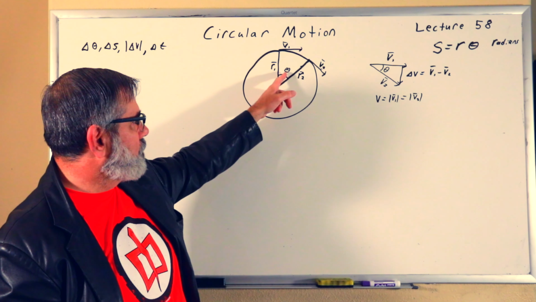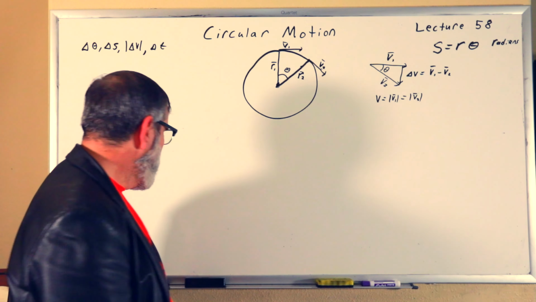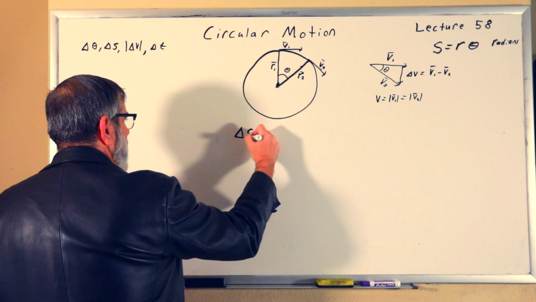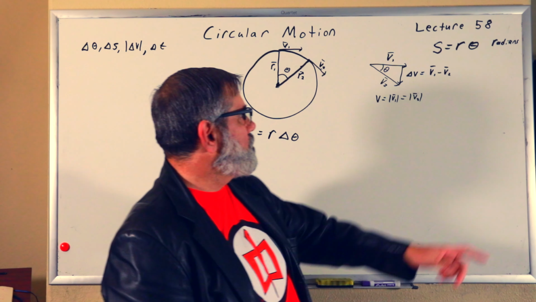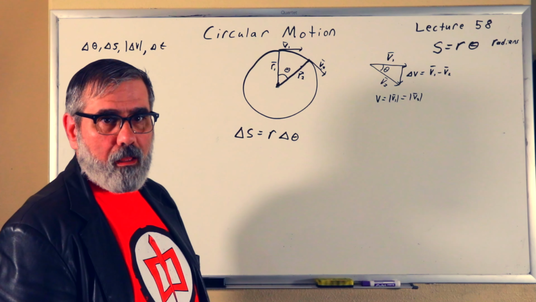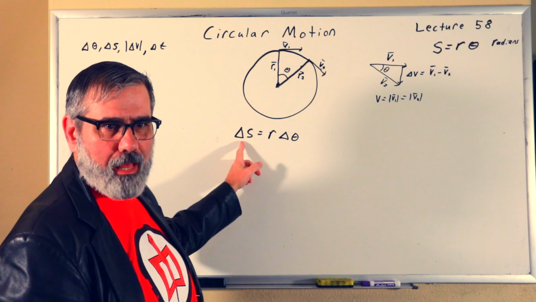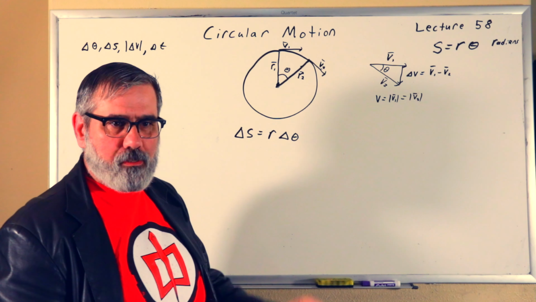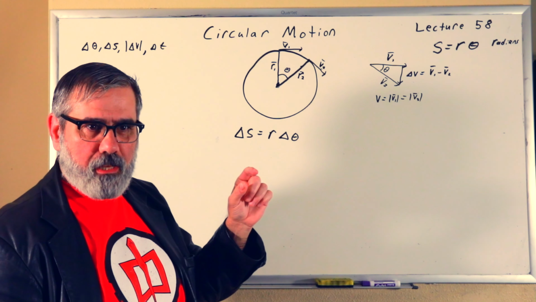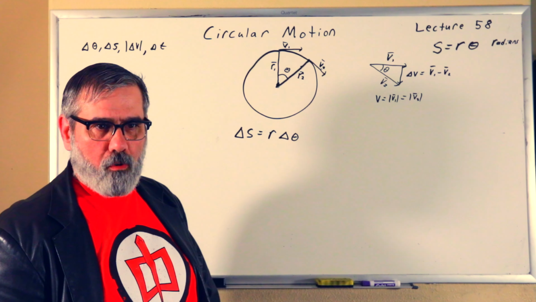This drawing is a gross exaggeration of what I mean by small. When I say delta theta is small, I mean it's a teeny tiny change in the angle. And I can say that delta s is equal to r delta theta. All I've done is take the equation we started with, s equals r theta, and put a little change in it. So delta s is going to change, meaning the distance traveled along this circular path changes a little bit because the angle has changed a little as it rotated around.